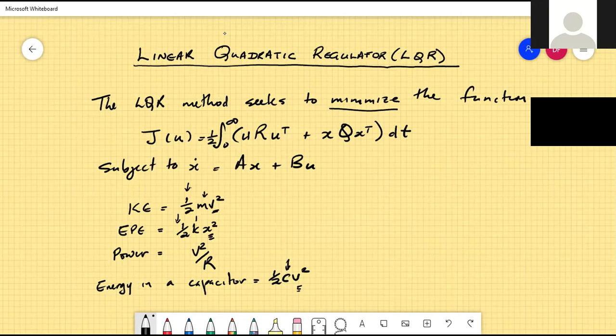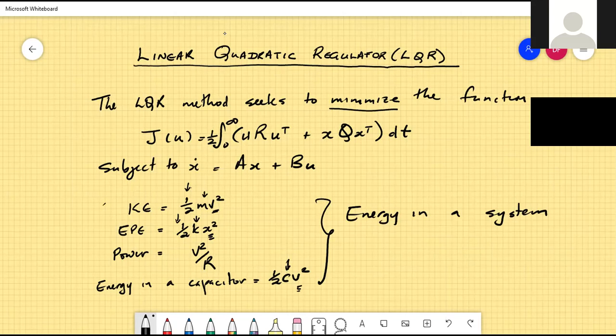So the energy in a system is always half some constant times some variable in the system squared. That always gives us energy.